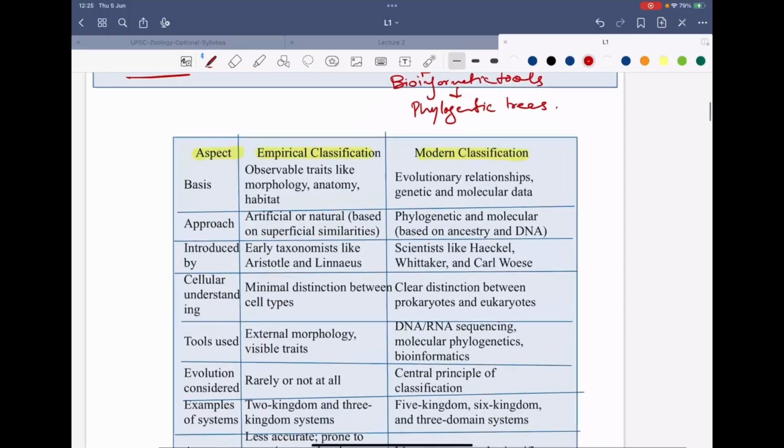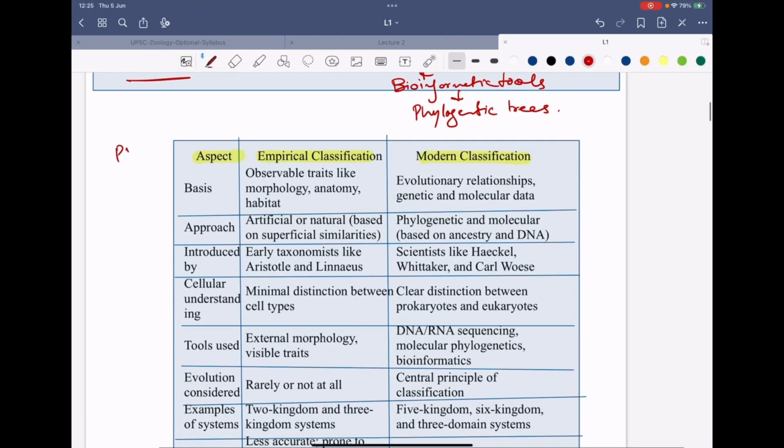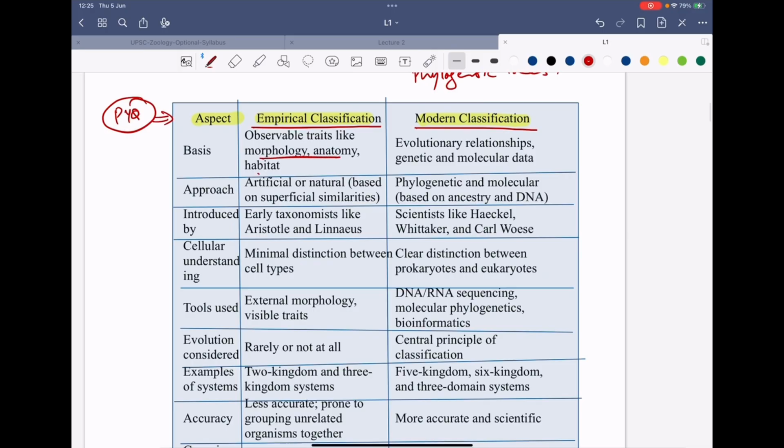So when we differentiate, based on previous year questions, between the empirical classification and modern classification, the old one was simply based on morphology, anatomy. The new one is based on genetic and molecular data. The approach earlier was artificial or natural, but the new one is phylogenetic and molecular.